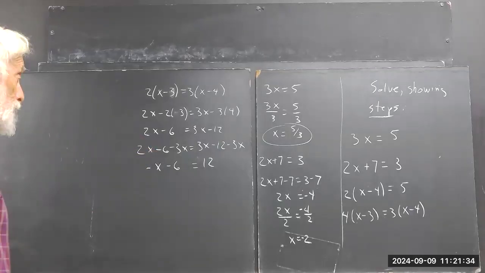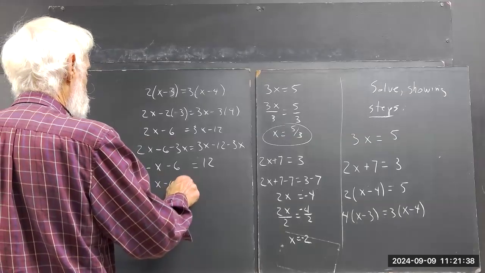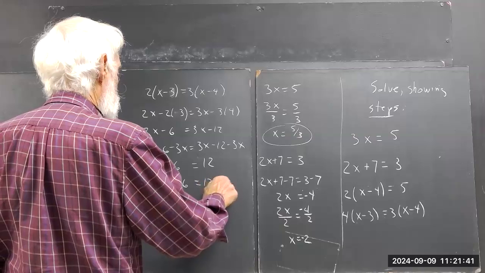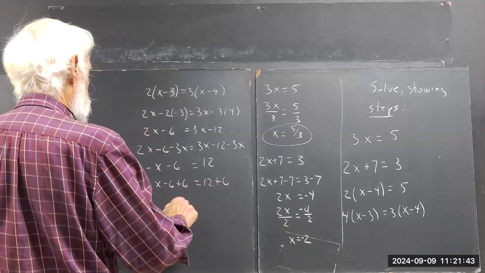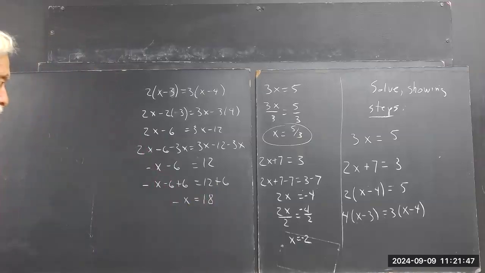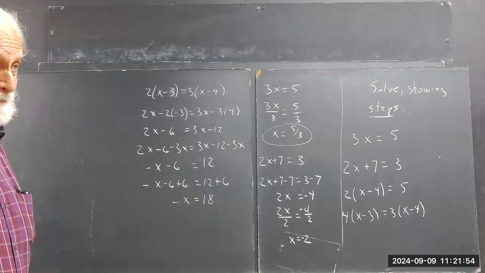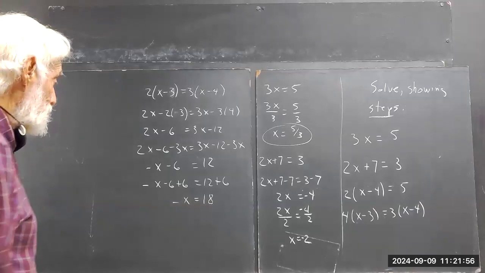Okay. And then we add 6 to both sides. And we get negative x equals 18. And then we multiply both sides by negative 1. Okay.